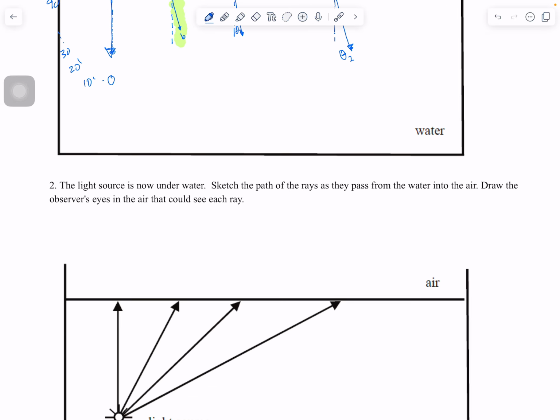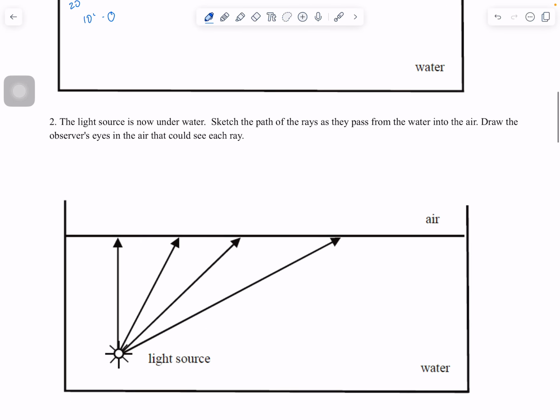All right, next one. Now the light source is underwater. Sketch the path of the rays as they pass from the water into the air. So are they going from high to low or low to high? The answer is the rays are going from higher to lower. So does that mean rays bend towards the normal or away from the normal?